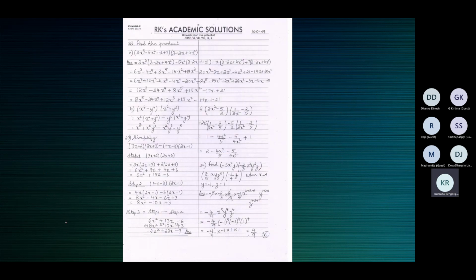But if you want to write it the other way, supposing you want to write m to the power 11 by m to the power 3 as 1 by, that means m to the power 3 is in the denominator already. This 11 is traveling from the numerator to the denominator. So that will come down as minus 11.